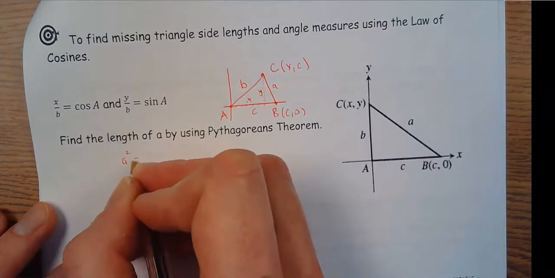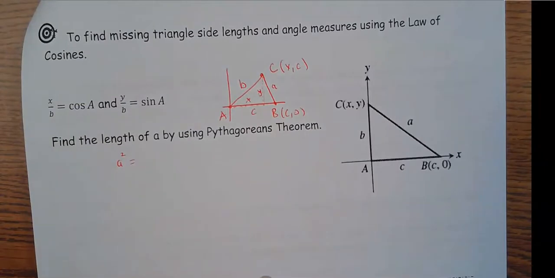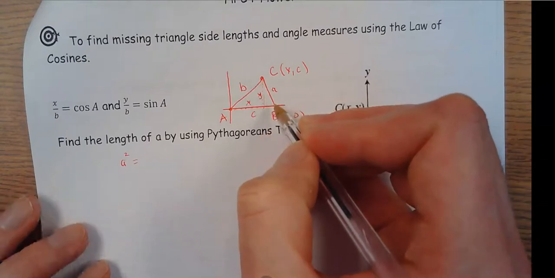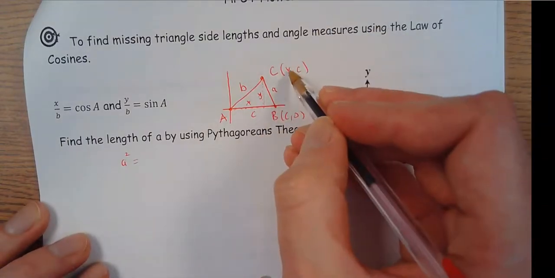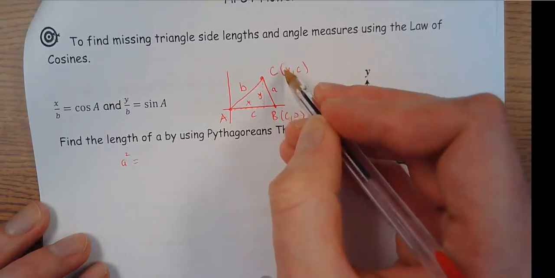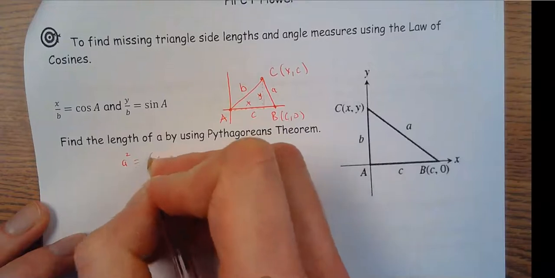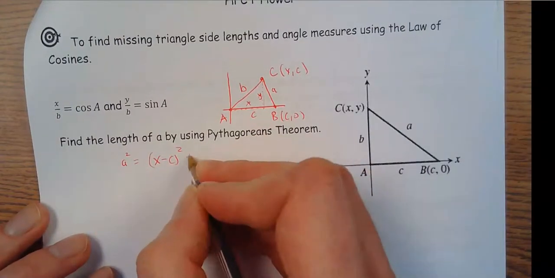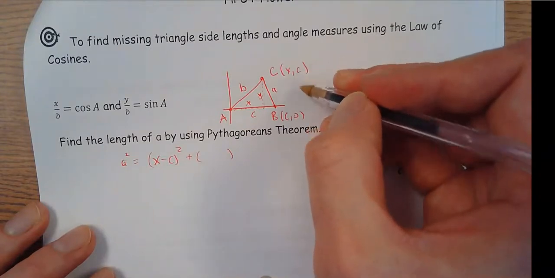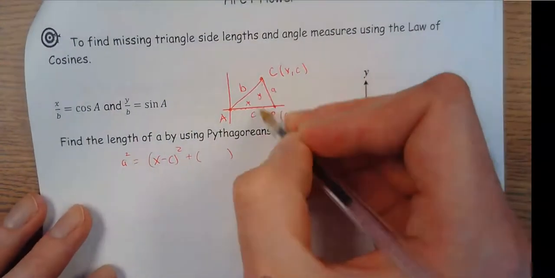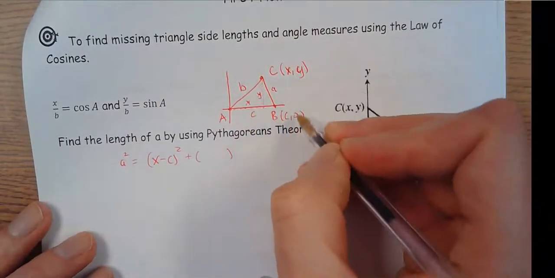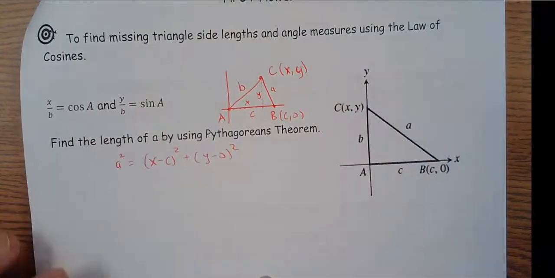So a squared equals the difference in the x's squared plus the difference in the y's squared. Here is x units over, and that is c units over, so how far apart are they? x minus c, squared, plus the change in the y's, which is y minus 0, squared.